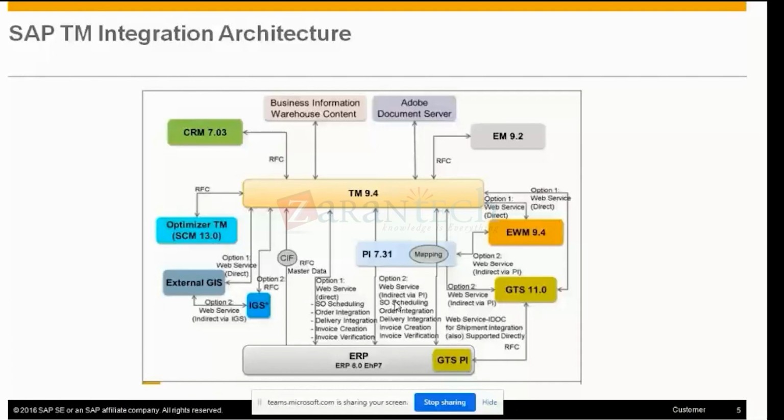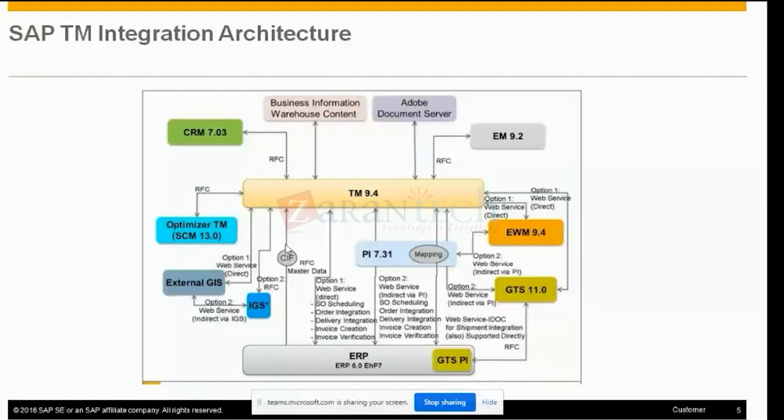If you are doing a BGRFC setup, BGRFC means background RFC call, it is the mechanism by which ECC and TM talk to each other. But if you are using a decentralized or sidecar version, then you can use web service either through PI or through SOA.